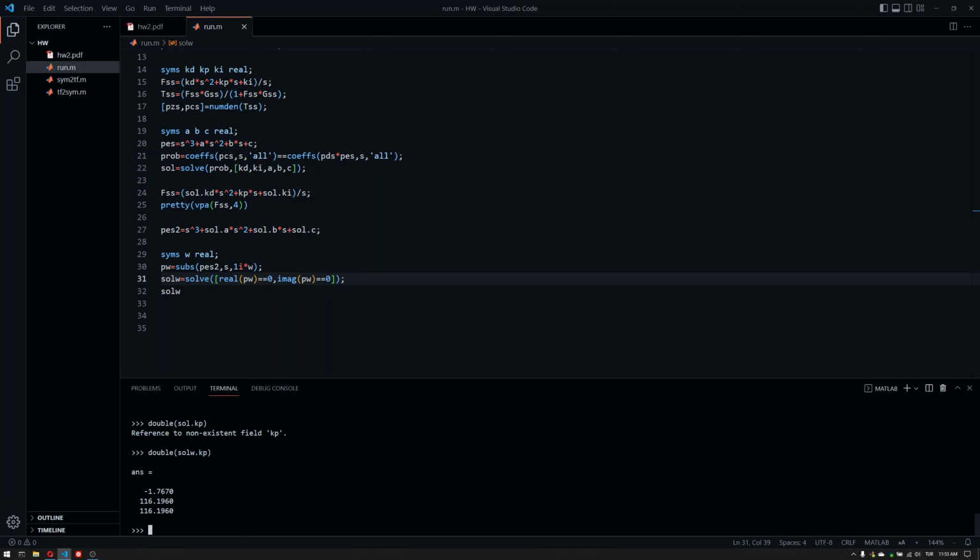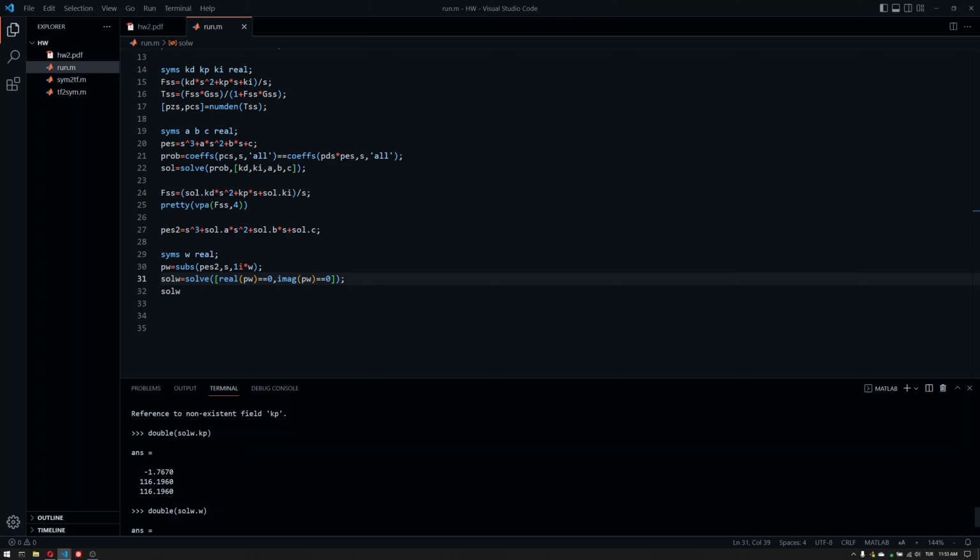So we can see that it is negative 1.76 and 116.2 approximately. The omega values here are not really that relevant. We are not interested in the values, but we can see what's really going on. One of them is negative, one that should be eliminated, but we get a zero crossing, which is the origin. We get a certain frequency, 4.2, which gives us a j omega crossing.